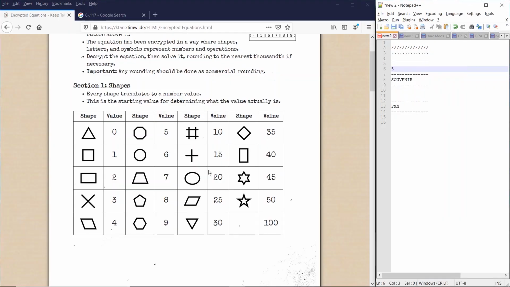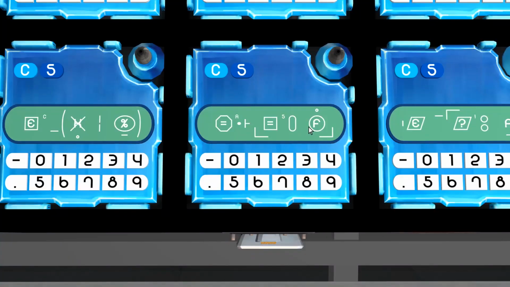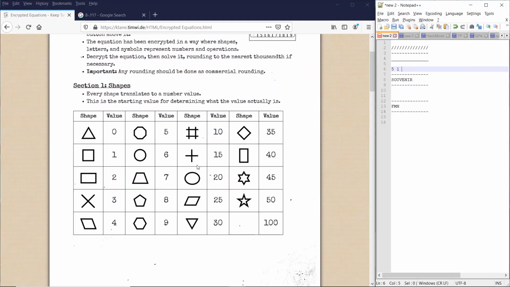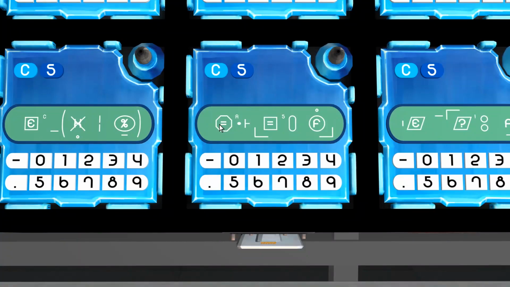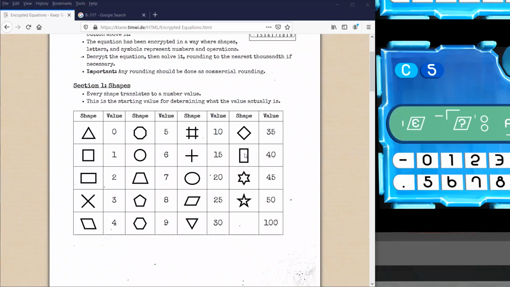A square is a 1, and a circle is a 6. Note that there is both a circle and an oval, so make sure your defuser knows which one the circle is. Okay, so we have equation equals, and then f.